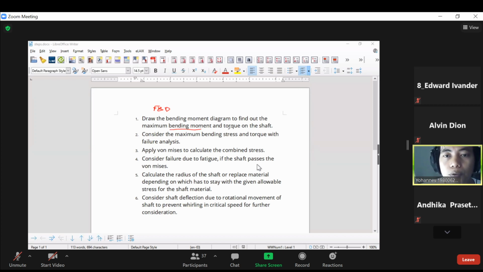So we have to evaluate this first. Then choose the maximum one to evaluate, and use this to apply von Mises theory to obtain the combined stress. Then use this to obtain the diameter for static. Okay, so this condition is not required for static. And if we do the fatigue analysis, we don't need this condition.